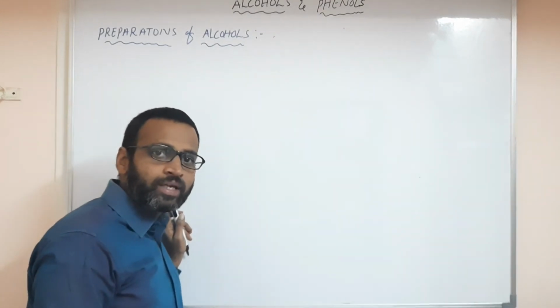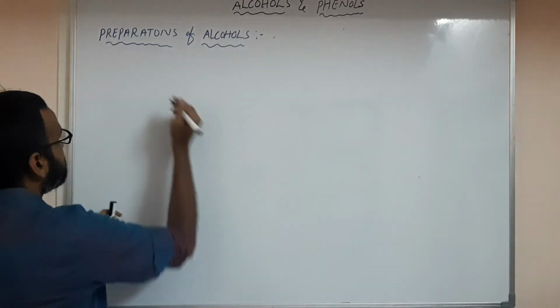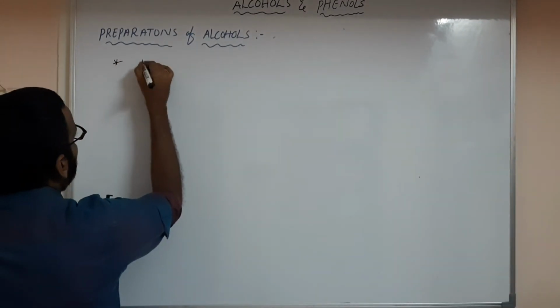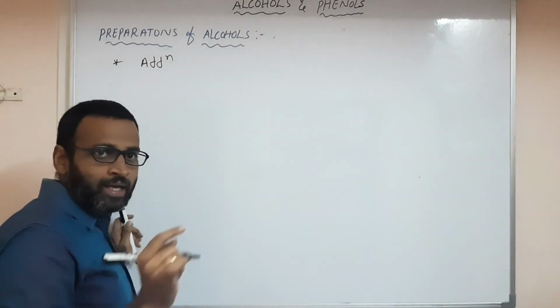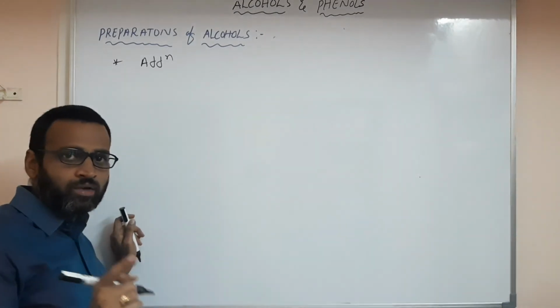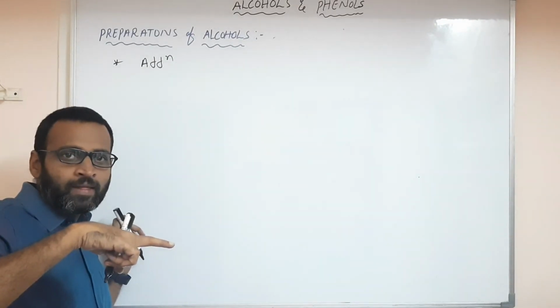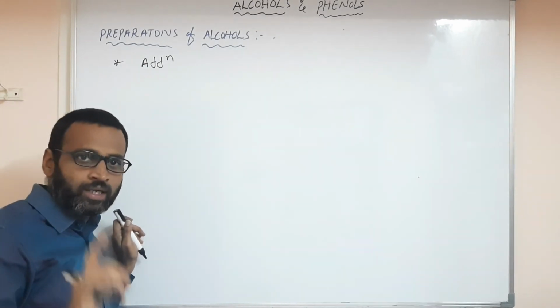The oxymercurating agent is mercuric acetate. Please remember all those things. Sir, I'll tell you one more thing: this oxymercuration and demercuration and hydroboration, when done for alkynes, give aldehydes and ketones. Please remember, these are very important.